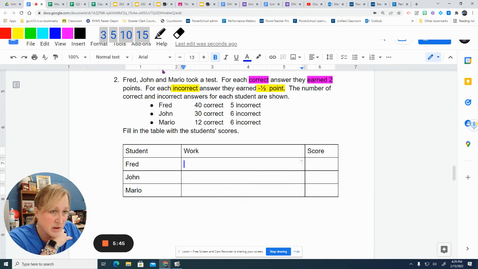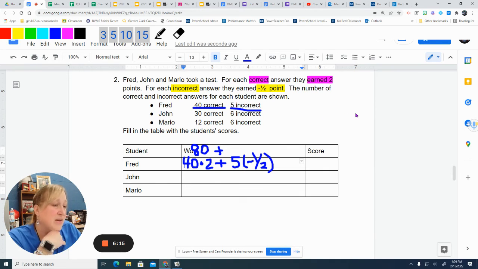So Fred got 40 correct. So he's going to have 40 at 2 points each. So those are his correct ones. Plus 5 incorrect. Ooh, but that's going to be times -1/2. So the 40 times 2 is 80, plus 5 times 1/2.